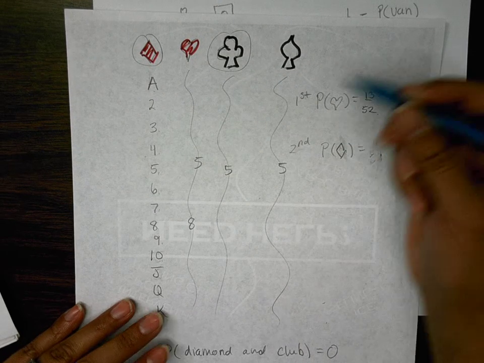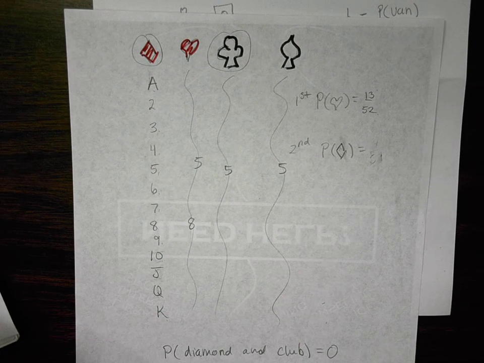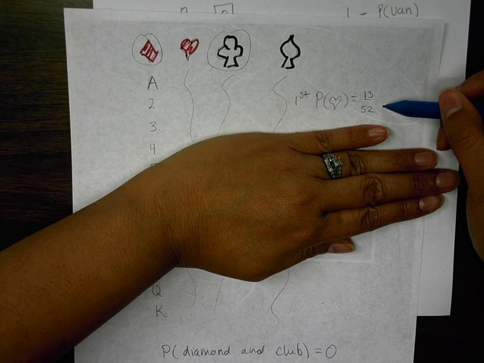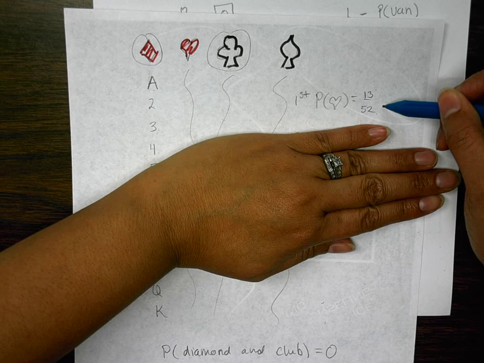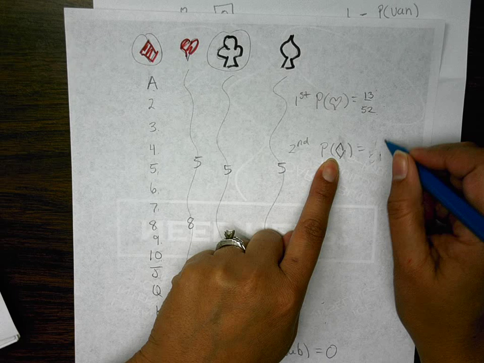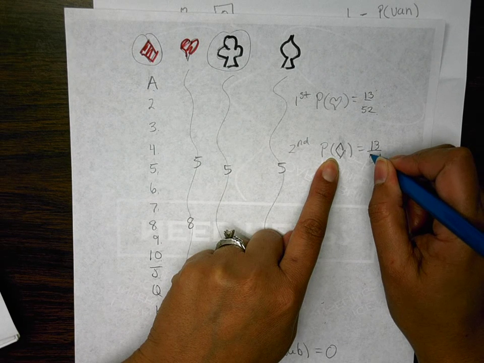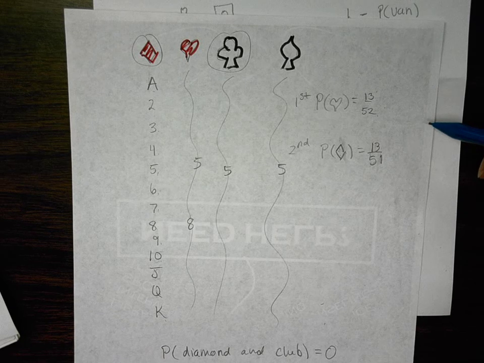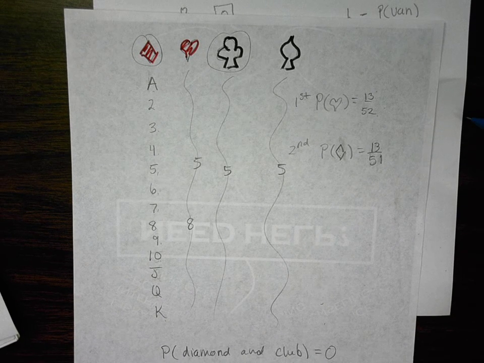No. So the probability I take out a heart first is 13 out of 52. I do not replace the card. What's the probability it is a diamond? 13 out of 51.